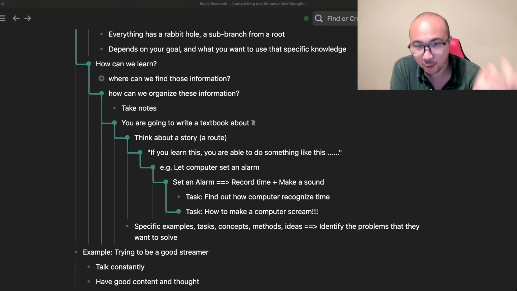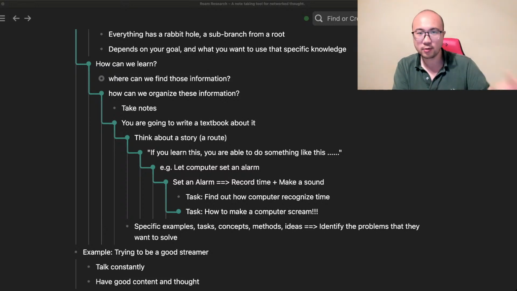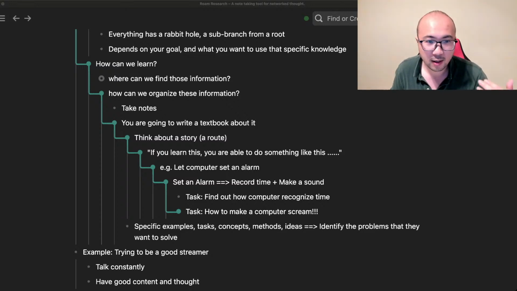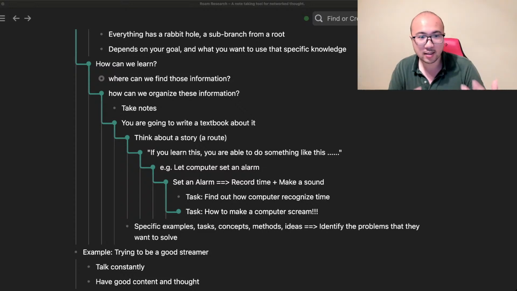Basically you want the computer to do these two things, right? First to recognize time, and the other is to make a sound. Now we have divided the problem into two sub-problems. In order to solve the general goal, setting an alarm, we need to record time and we need to make a sound.